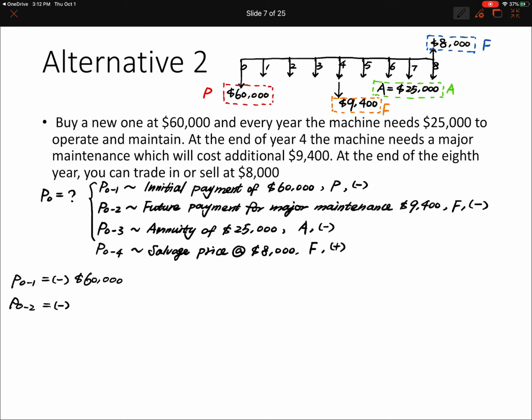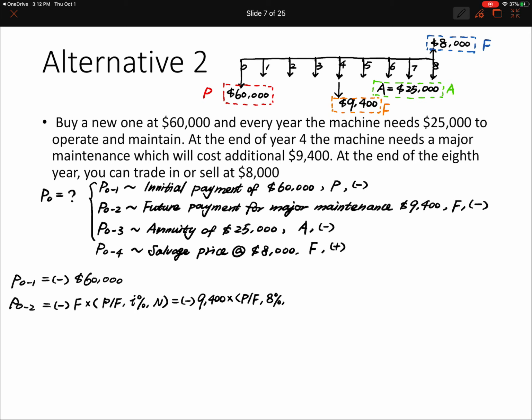The equation for looking for present value given future value is F times a factor, P given F, I percent, N. And the future value at the end of the 4th year is 9,400.